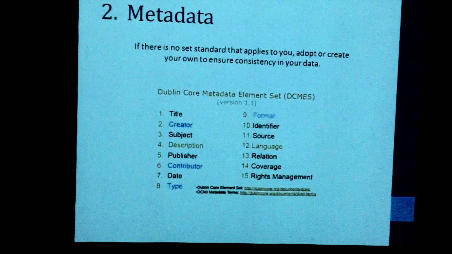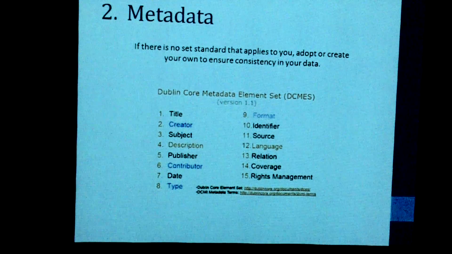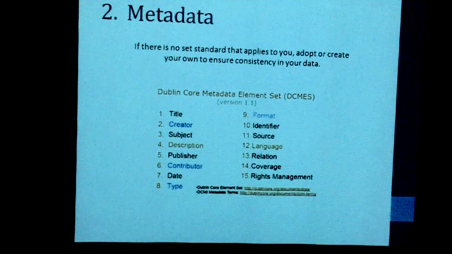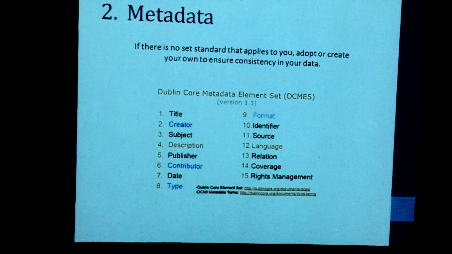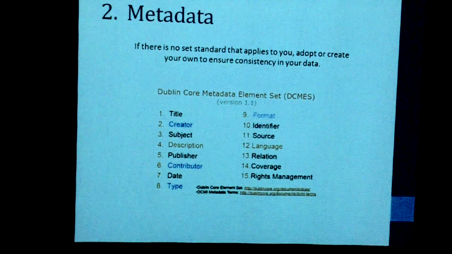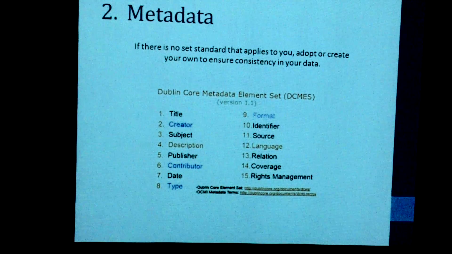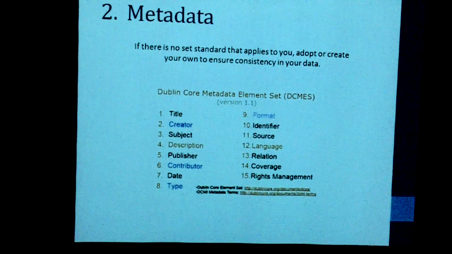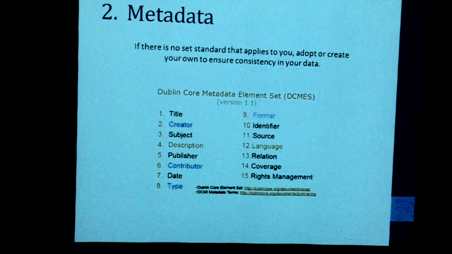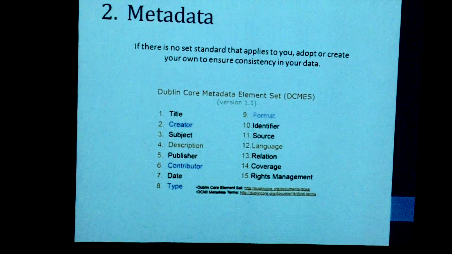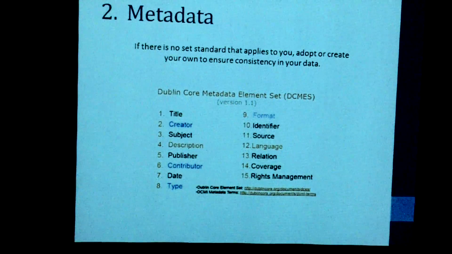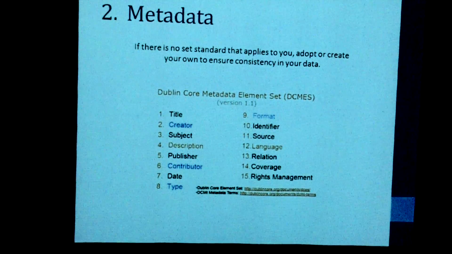If there is no set standard that neatly fits into the area of research that you're doing or the repository that you'd like to send it to, you can adapt or create your own metadata standard. So for example, this is the Dublin Core metadata standard, which is a fairly common, fairly basic one that can apply to lots of different areas.